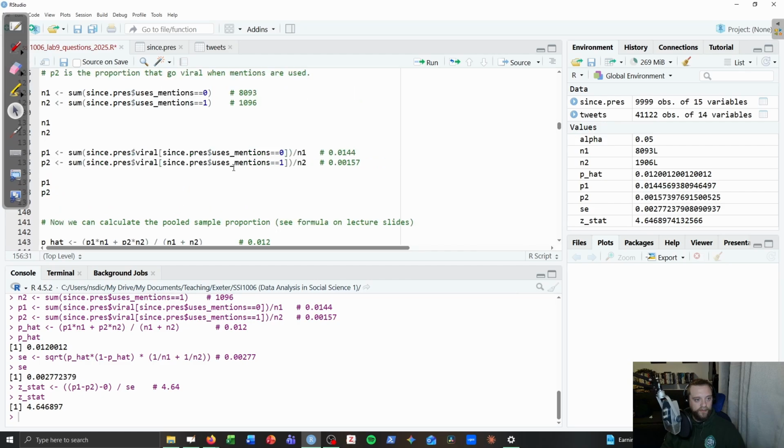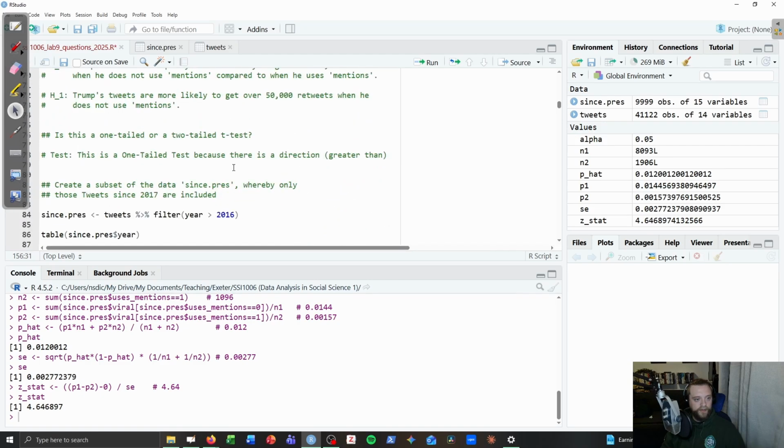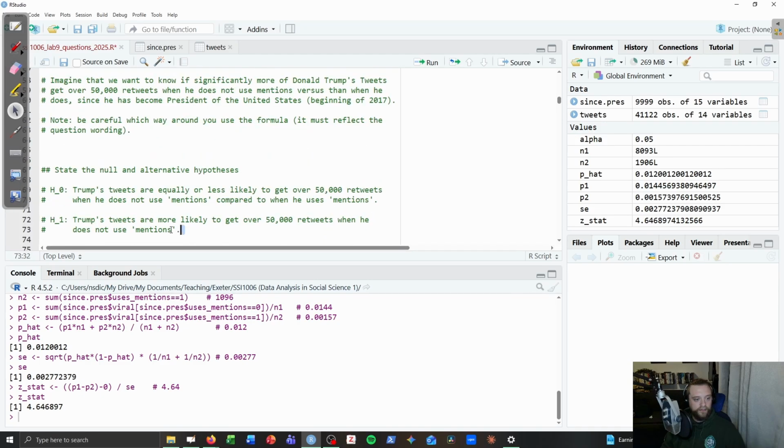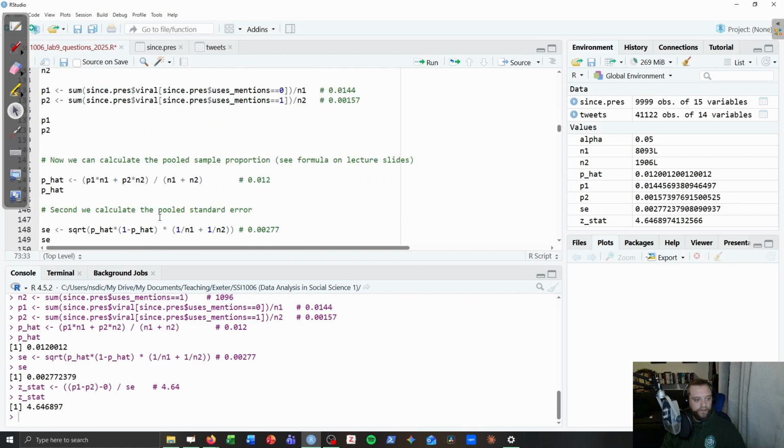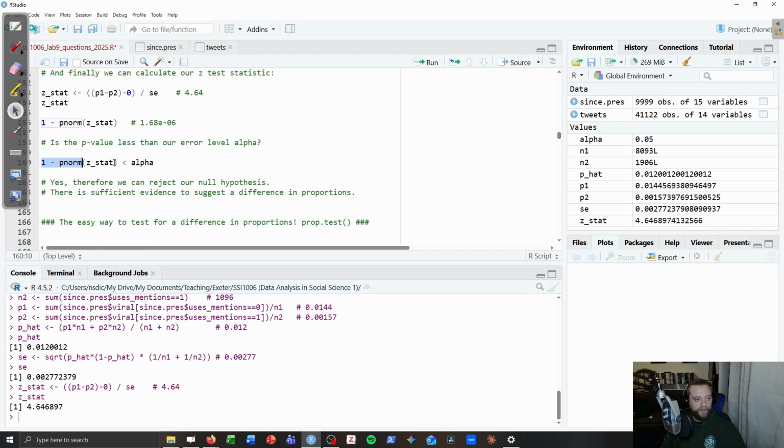And remember that we're interested in whether tweets are more likely to get over 50,000 retweets. And what this means is that it's 1 minus p-norm. If we were interested in less than, we would just use p-norm.